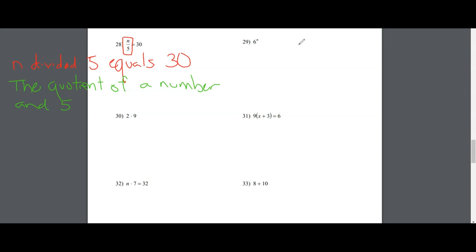And instead of saying equals 30, we can just say is 30. Remember, is another word for equals. And of course, there's some other tweaks you could make. You could say the ratio of a number and 5, or the ratio of n and 5 is equal to 30. There's always different ways we can recreate these statements.